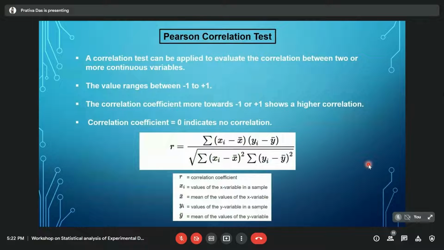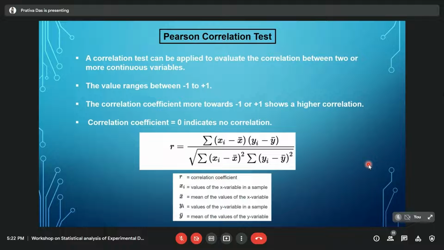So this is called the Pearson correlation test. The one I discussed, when you have two continuous variables or more than two continuous variables and you want to see the correlation between them, then you are going to use this Pearson correlation test.